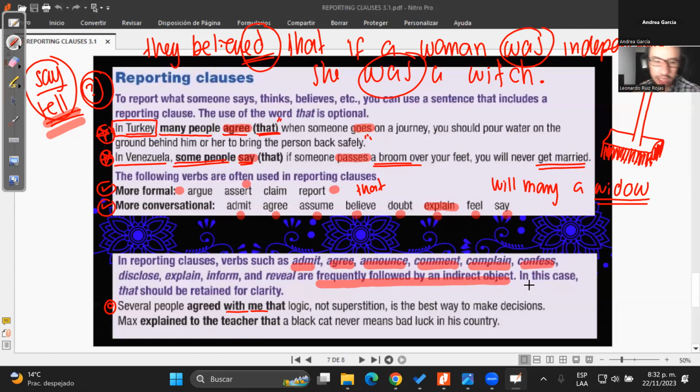Most of the time it's going to be "to" and the object. Like for example here: Max explained to the teacher that a black cat never means bad luck in his country. Explain to the teacher. In some other cases, like agree, it's going to be with the preposition "with", but normally it's going to be "to". Ready? Reveal to, inform to, explain to, disclose to, admit to, agree with, right? Announce to, comment to. That's it.